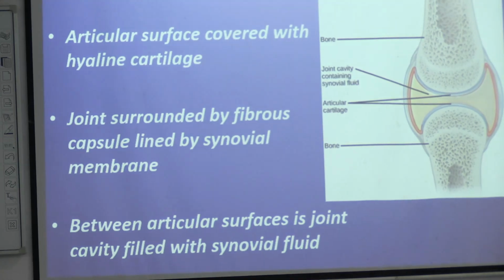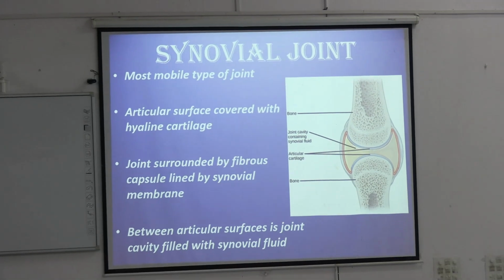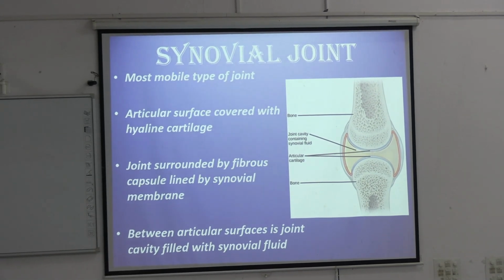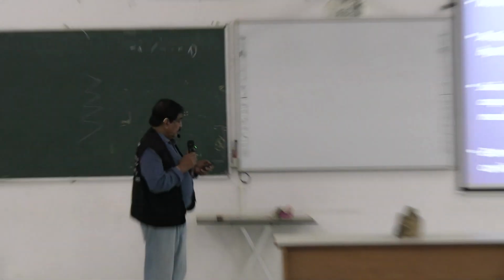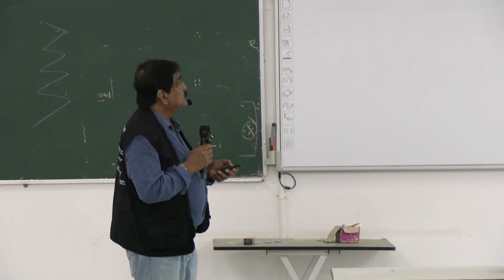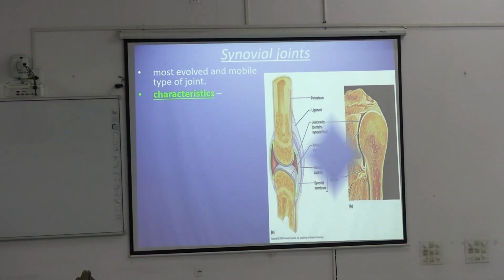This synovial joint, most mobile type of joint, articular surface covered with hyaline cartilage. Joint cavity filled with synovial fluid. Synovial joints, most evolved and mobile type of joint. Characteristics, yeah.